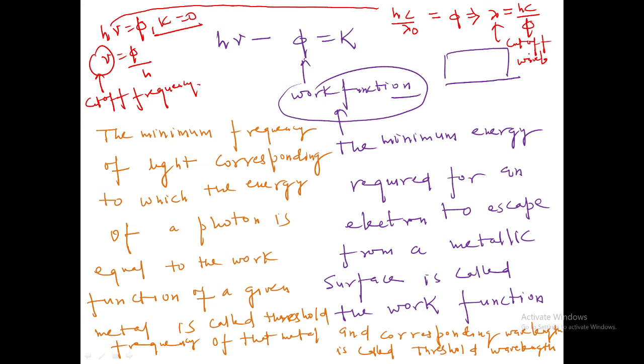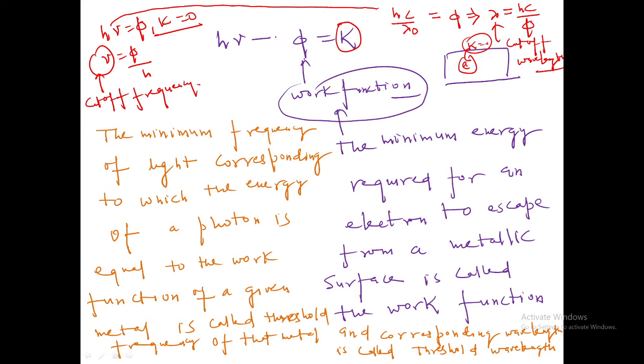So I want to tell all of you that when kinetic energy is 0, that means when the electron just comes out from this metal and on the outer surface its kinetic energy is 0, in that case the frequency corresponding to which this happens is known as cutoff frequency, and corresponding wavelength is known as cutoff wavelength.